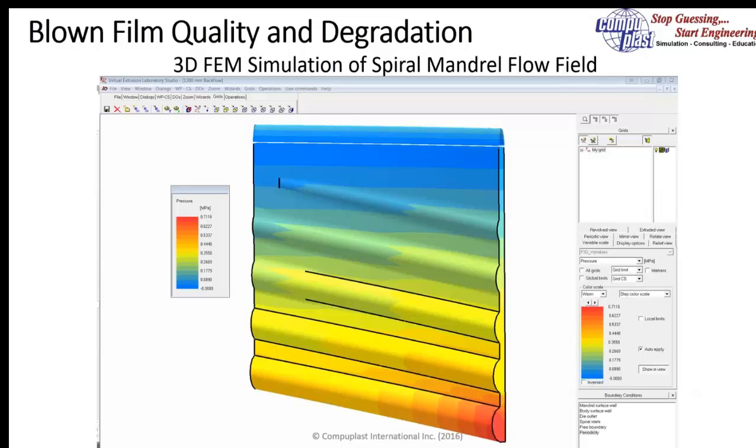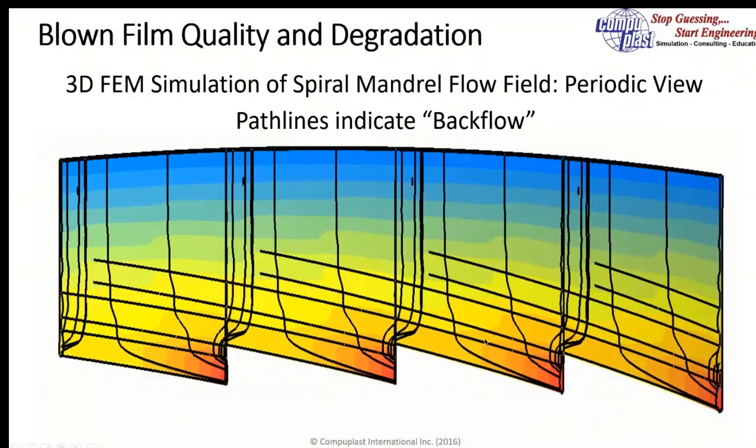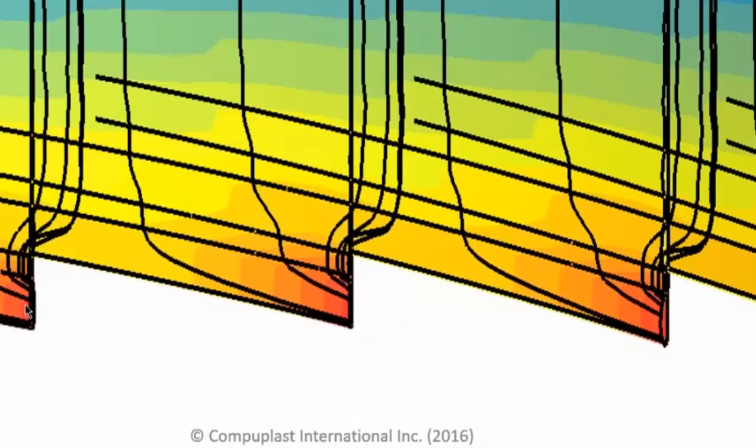And one of the powerful tools of 3D simulation is that you can use path lines. They're almost like streamlines, but in 3D we call them path lines, which can trace the flow of the material. And here I'm showing 4 periodic sections where I have placed path lines at the start of the spirals.